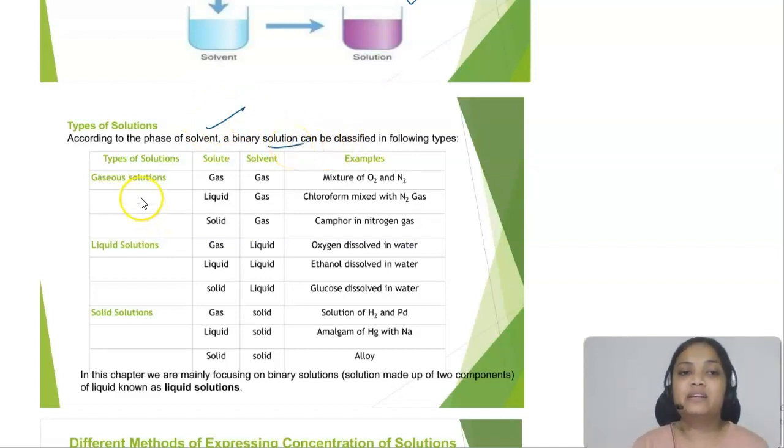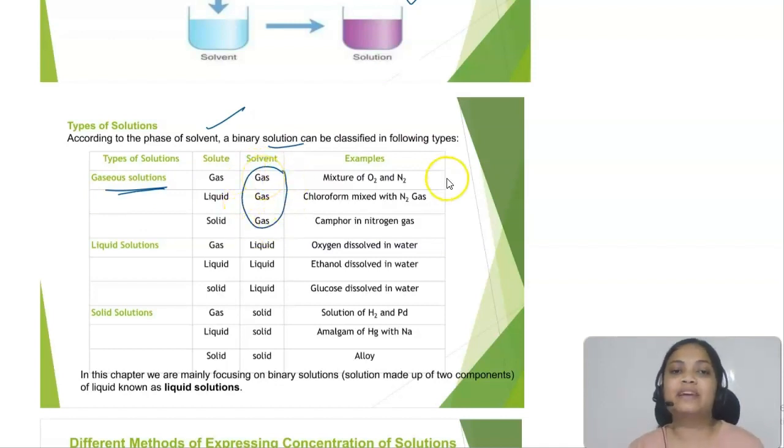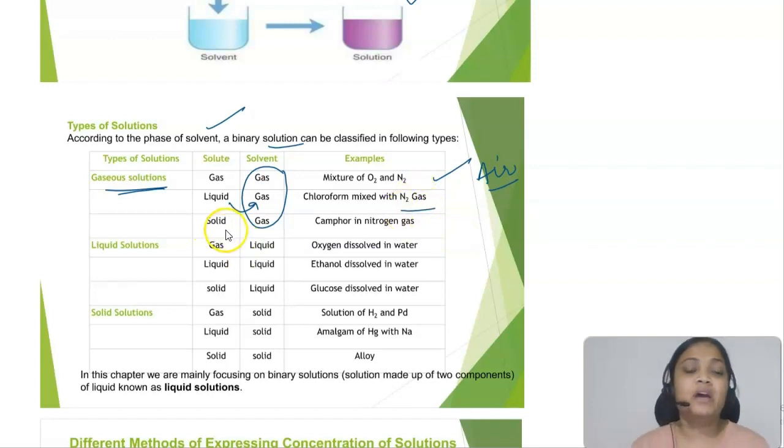See, gaseous solution means ultimately where the physical state is gas. So it's gas in gas, like a mixture of oxygen and nitrogen, or you can say air. Liquid in gas means when chloroform is mixed with nitrogen. These are the examples that we have taken. Solid in gas, like camphor and nitrogen gas.